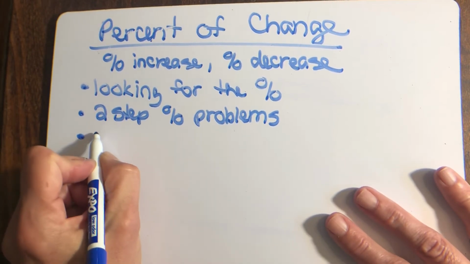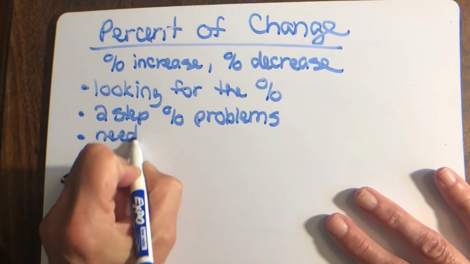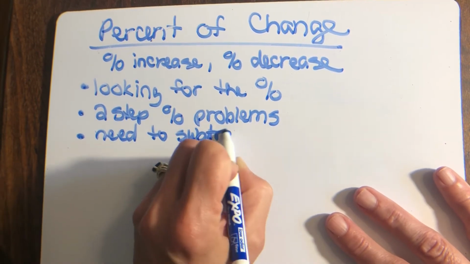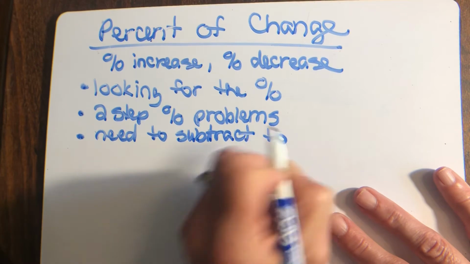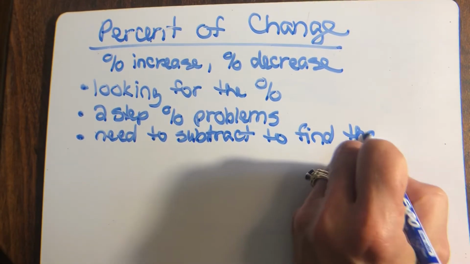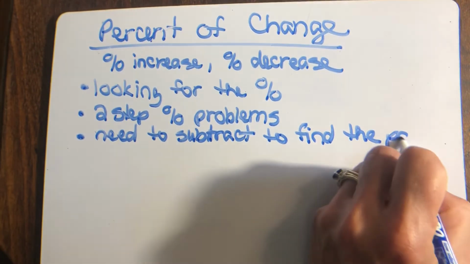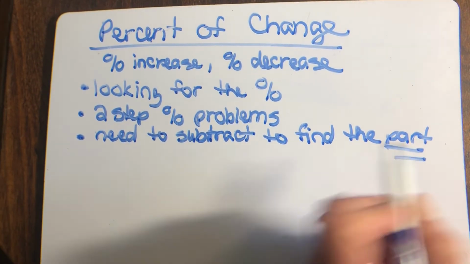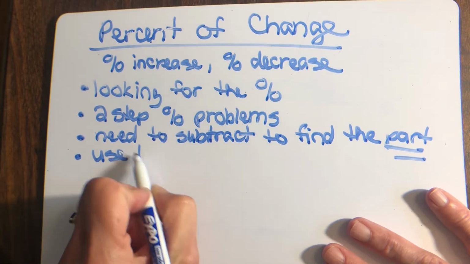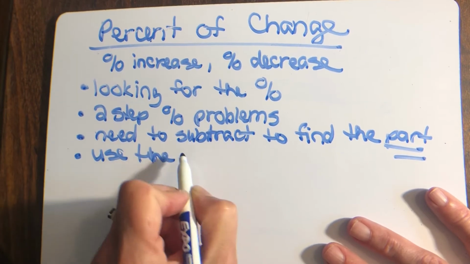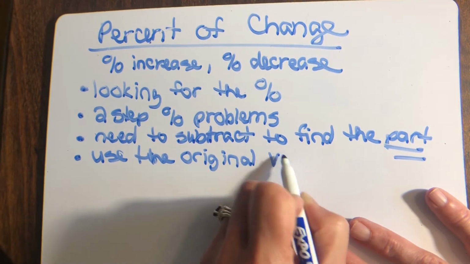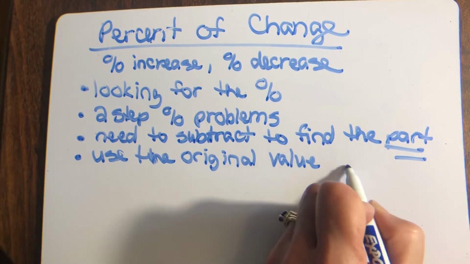So you're going to need to subtract to find the part, which is what we talked about in our last video. Remember your PBR. You subtract to find the part, and you have to use the original value for the base.